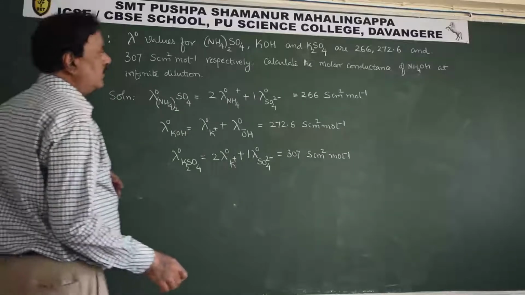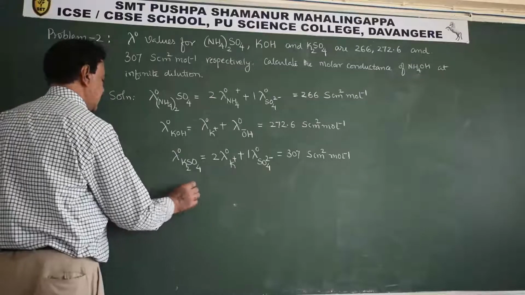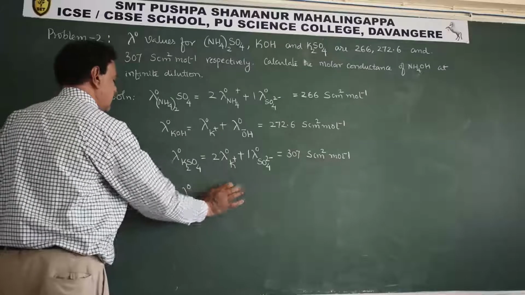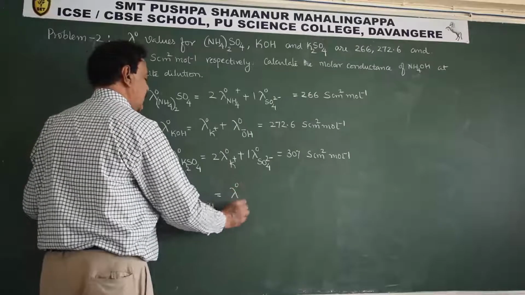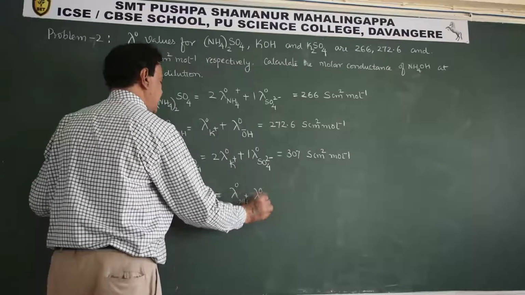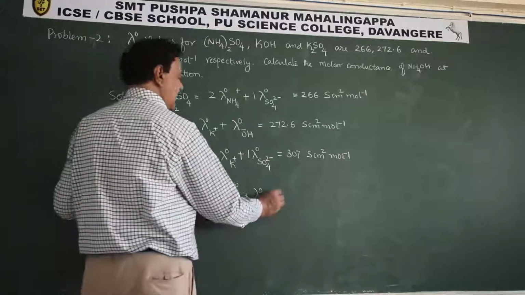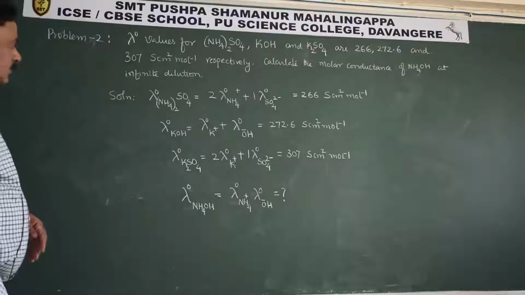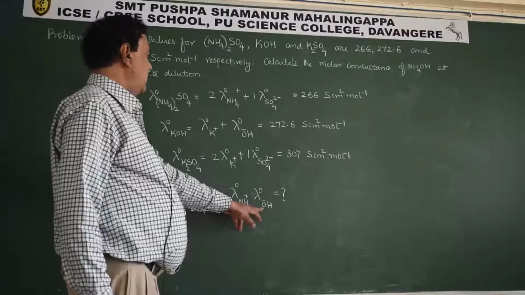They are asking the molar conductance of ammonium hydroxide. Usually for weak electrolytes they ask lambda naught of ammonium hydroxide, which is equal to lambda naught of ammonium ion plus lambda naught of hydroxyl ion.